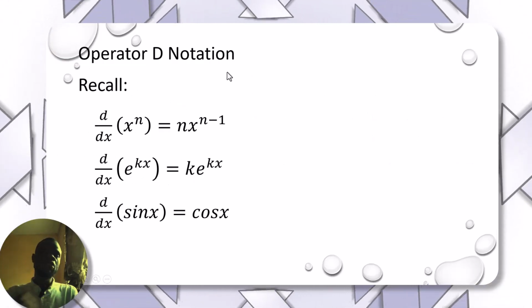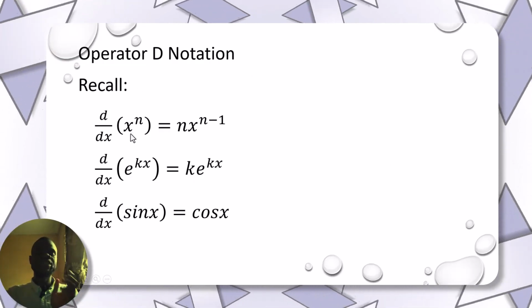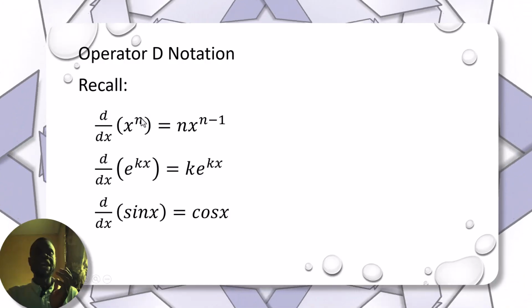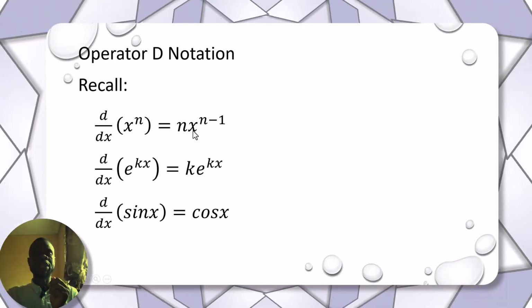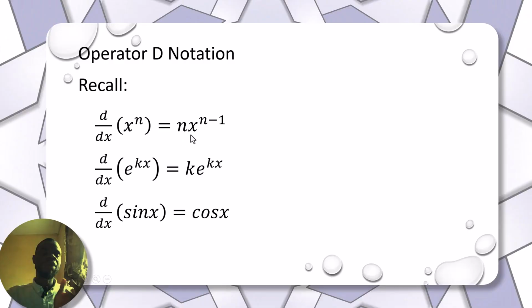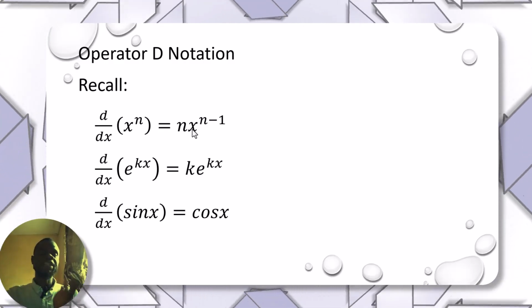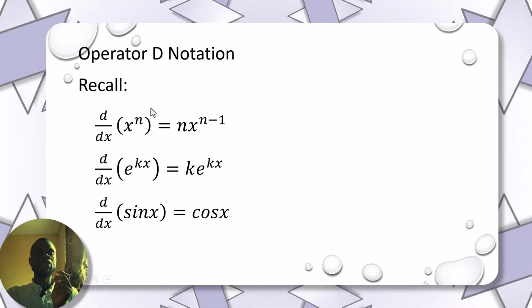Now for the D operator, we recall that whenever we want to differentiate x to the power of n, the basic formula is that this n will come down and multiply the number that we are differentiating. So we have n x to the power of n minus 1, where you reduce the power by 1.